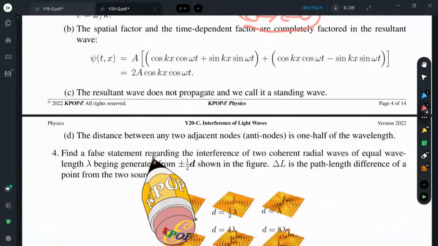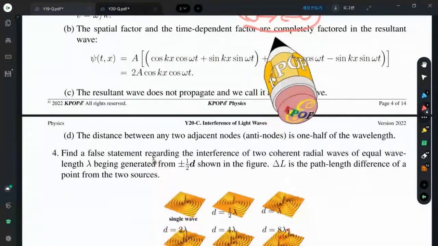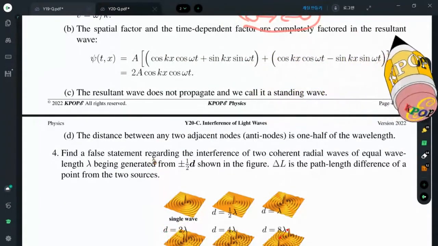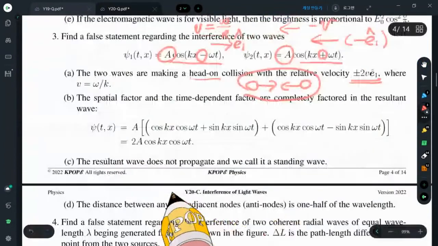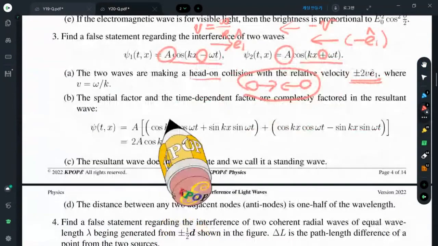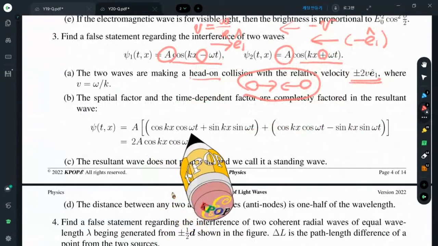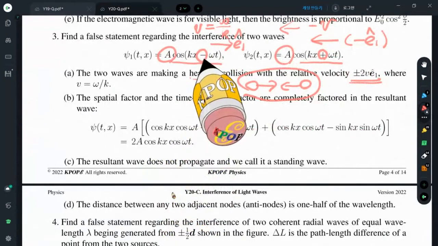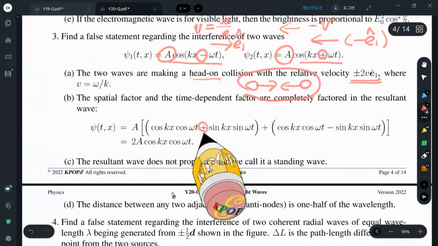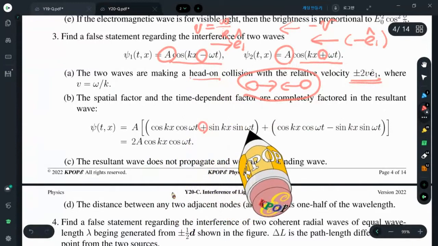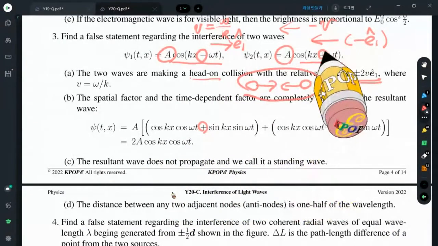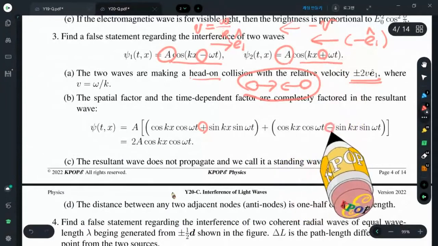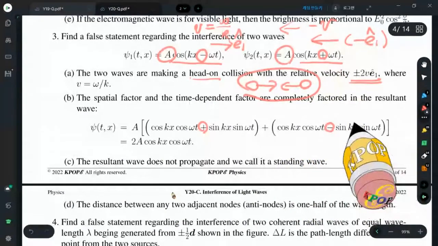The spatial factor and the time-dependent factor are completely factored in the resultant wave. Cosine, because of this negative sign, plus sine. Cosine, because it is plus, we have a negative sign, sine.